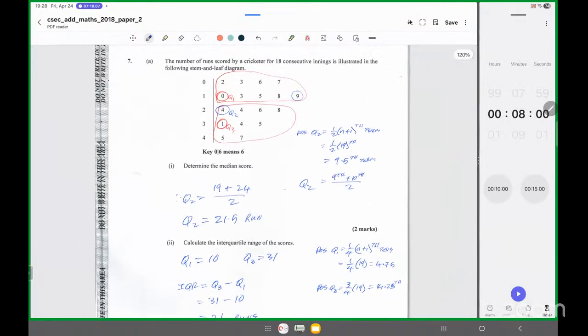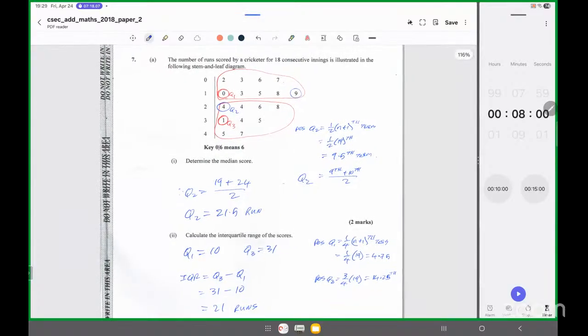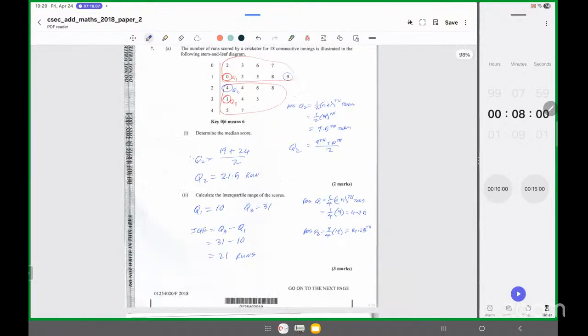Middle of the top half, middle of the bottom half. I don't know what the calculation gives, maybe the fifth term, 4.75. That's the 14th term. 1, 2, 3, 4, 5, 6, 7, 8, 9, 10, 11, 12, 13, 14. 14 values. Anyway, that is it.